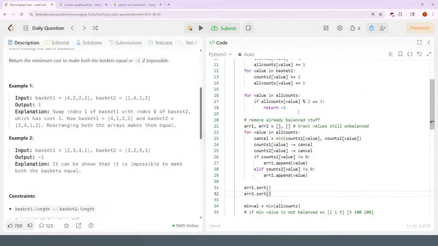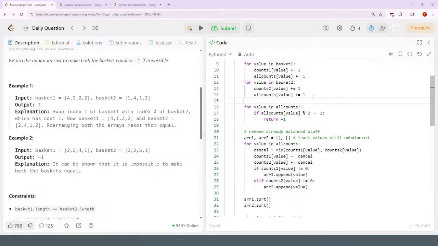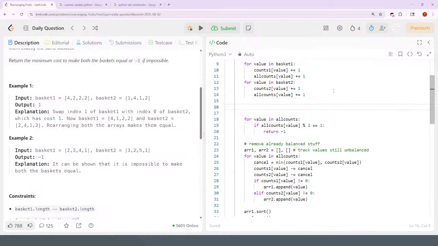Yeah, I should probably have created a set of all the values. Okay, I think maybe all values is equal to all counts.keys, and make a list of that. And then sort it.